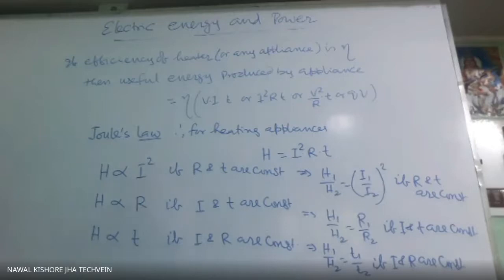This is about energy supplied by the source, or energy dissipated in the load, or useful energy produced by the appliance. If the appliance is ideal, that is 100% efficient, whatever energy is consumed, the same will be produced in useful form. Practically, it will never happen.